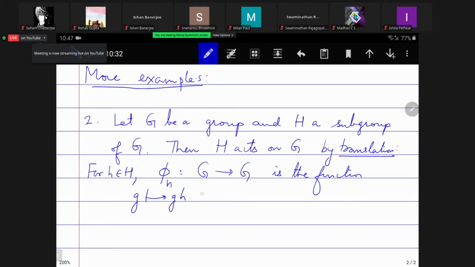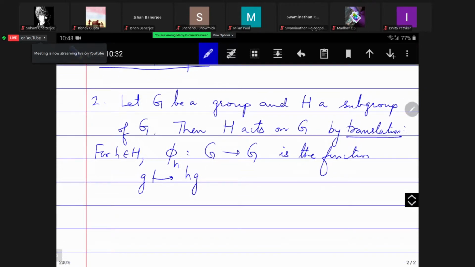Given a little h in H, we have a function from G to G, which sends G to hG. Sorry, let me write hG. I'm sorry, there's a slight issue writing the other way around. Okay, hG. So let us check the thing.